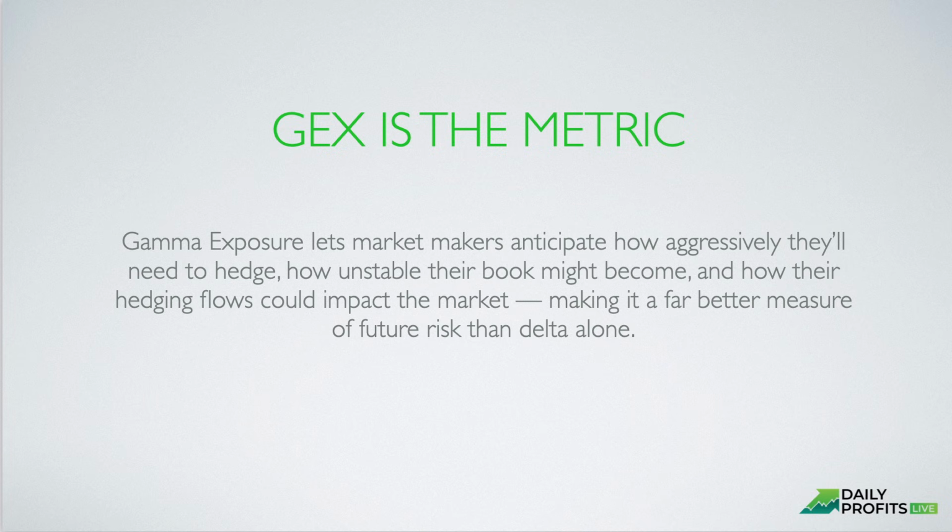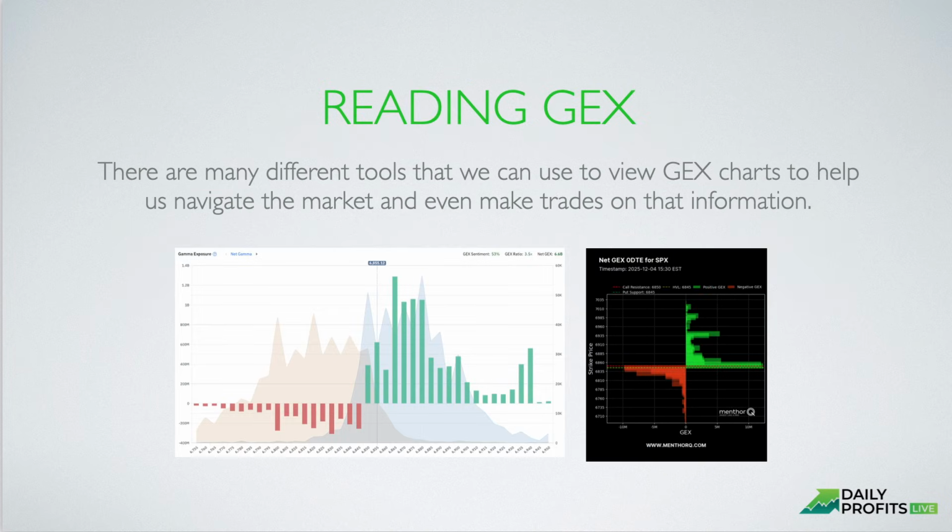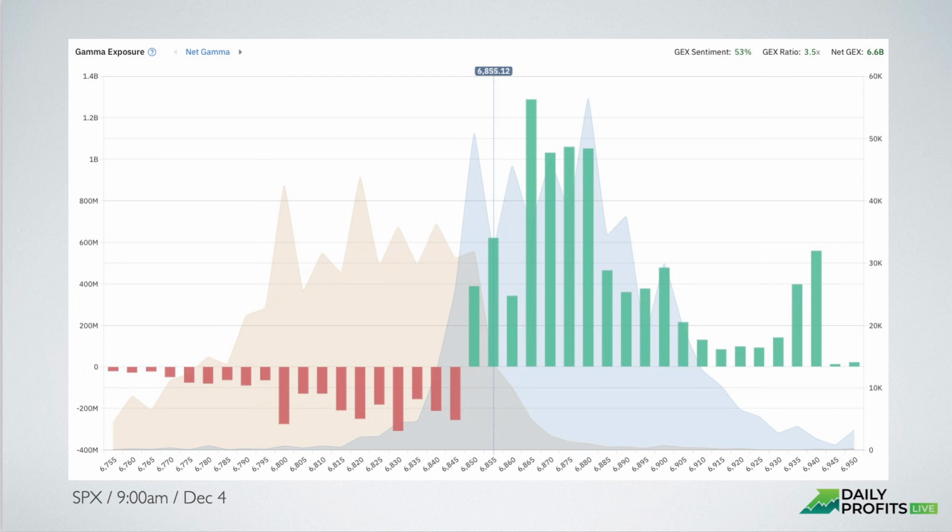So how can we read gamma exposure, right? There's a number of ways, and there's a number of services out there that offer gamma exposure charts. But gamma exposure charts look like this, right? You either have a vertical chart, and I'll show you here, where you have call side and put side, and all your strikes are down here, right?